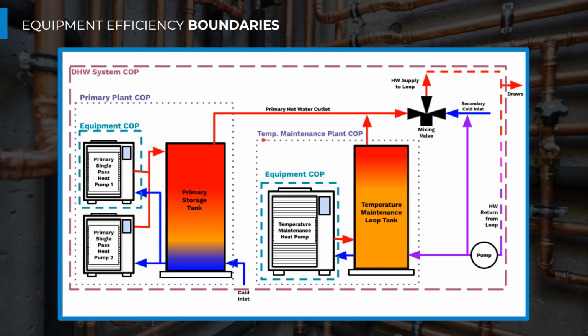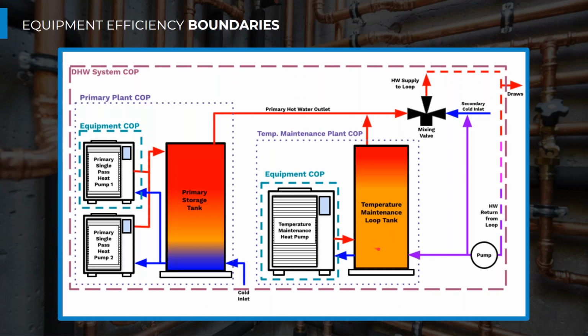We also have our temperature maintenance plant COP, and this takes into account the distribution losses in the building and of course the air temperatures that heat pump is operating at. And so we want to maximize the efficiency of this temperature maintenance plant as well.